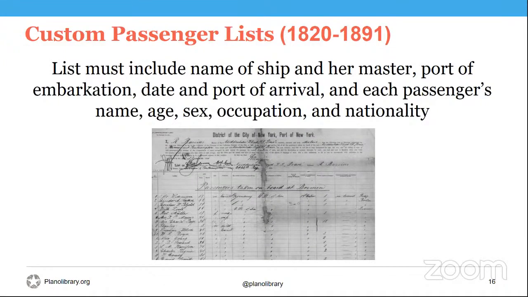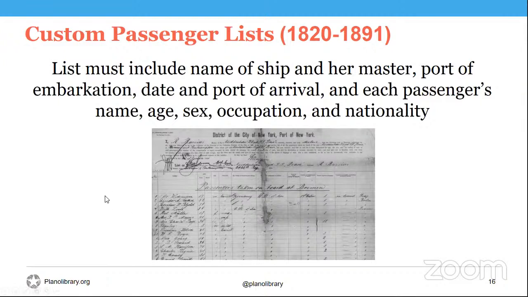And so Dallas Public used to brag, and they still do, that they had all of those records of the immigration, the passenger list on microfilm at their library. Now, all of that microfilm has been digitized and is available at Ancestry. So there are ways to look at these records.